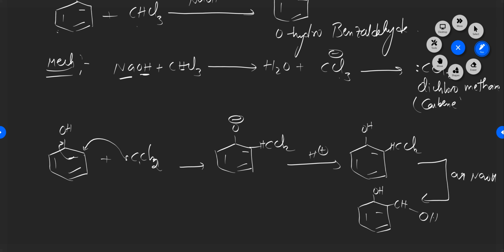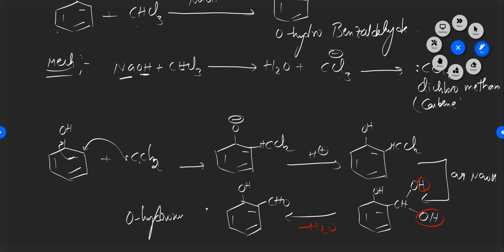Two OH groups are present on one carbon, not stable. Again it loses water and forms OH with this one CHO. This one we can call ortho hydroxy benzaldehyde.